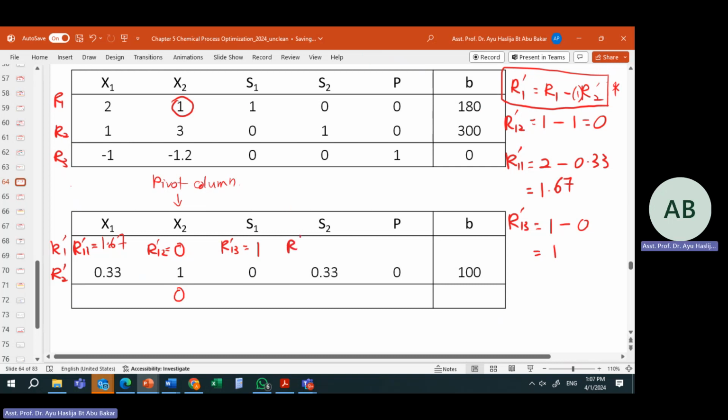Okay, so R prime 1,4: R1, which is 0, minus R prime 2, 0.33. So you get negative 0.33.